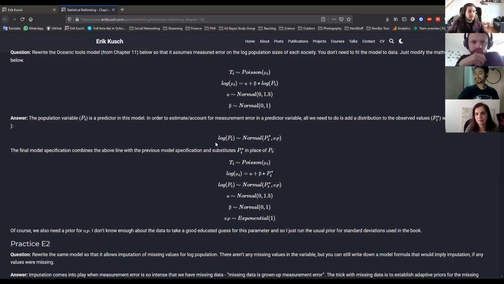And once we've got that, we simply substitute our observed log population, P star i, in place of the true population size, P_i, into our model right here. Voila. Now, instead of it saying log P_i here, it just says P star i, and P star i is the mean of the distribution which the logarithm of the true population size follows.